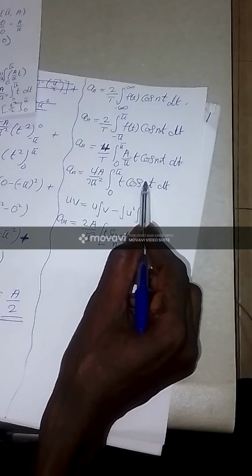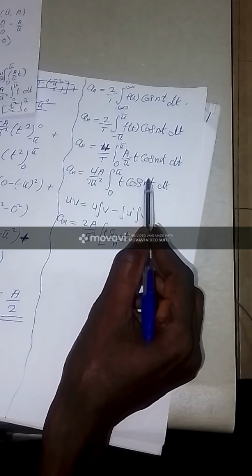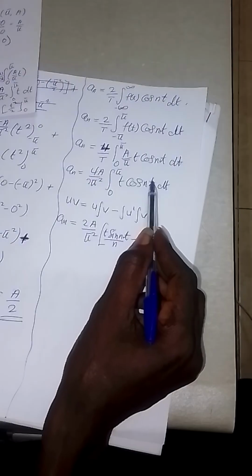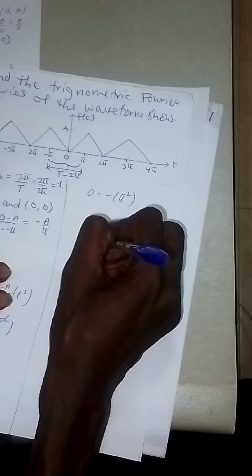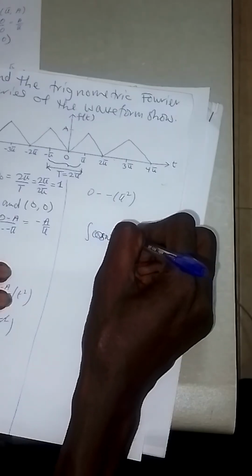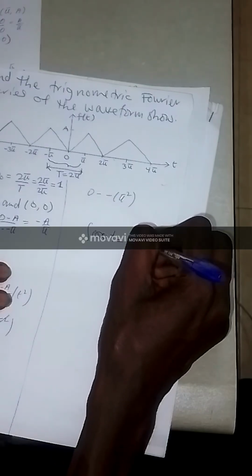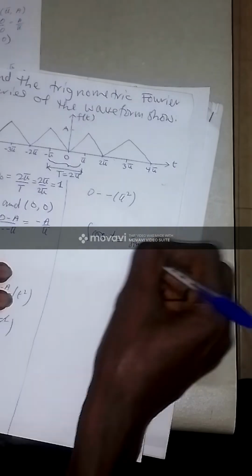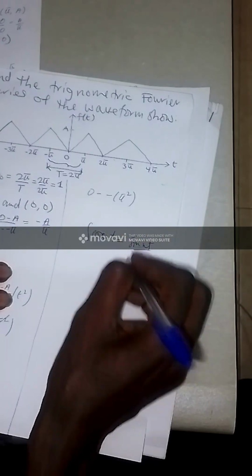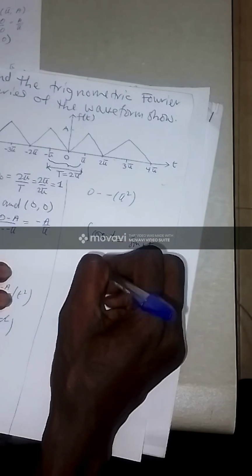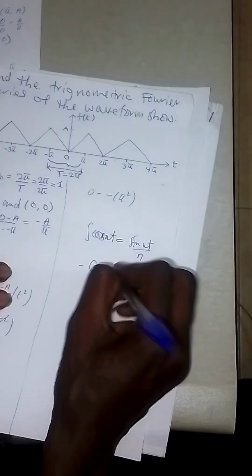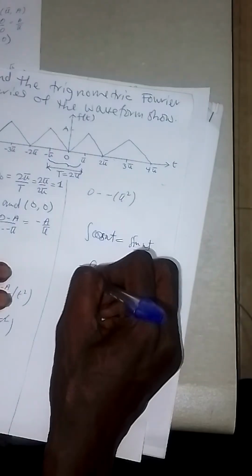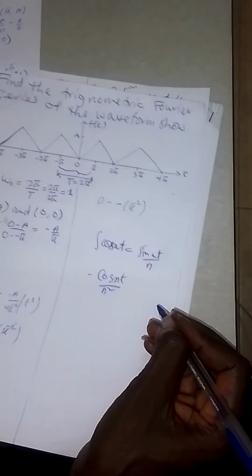Then you integrate sin nt over n again, and you get minus cos nt over n squared.